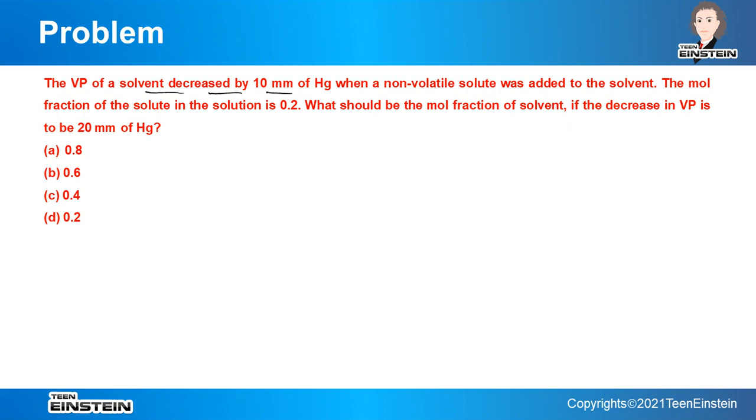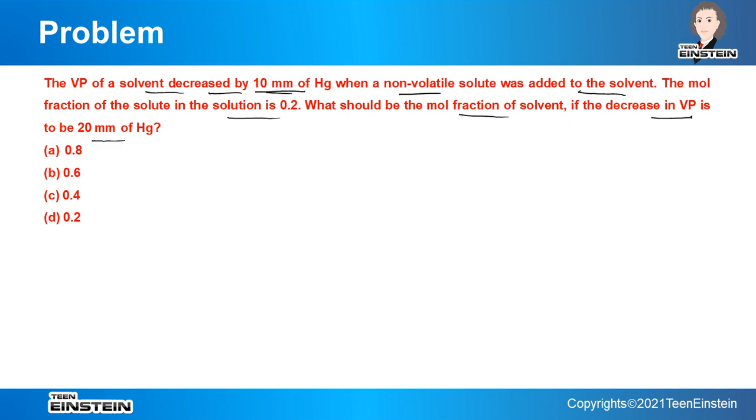That means the difference between the original vapor pressure and the new vapor pressure is 10 millimeter of Hg when a non-volatile solute was added to the solvent. Obviously that will be the case, that is lowering will take place. Now the mole fraction of the solute in the solution is given, which is 0.2. What is the mole fraction of solvent? That we have to find out if the decrease in vapor pressure is 20 millimeter Hg.